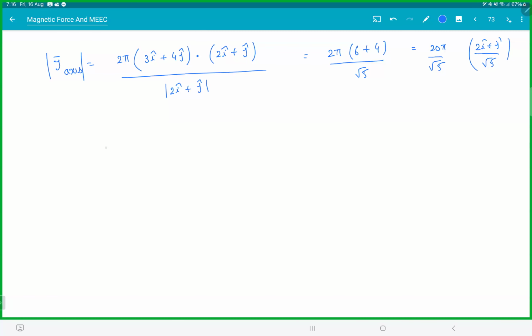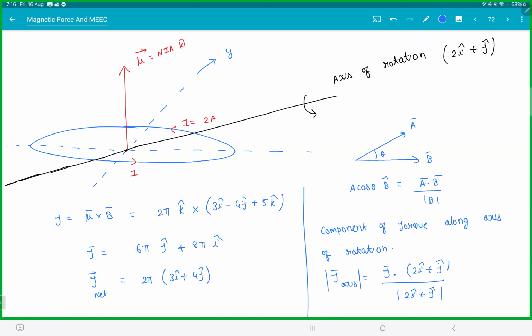Question still not over, huh? So now talk about this axis, it will be I about the axis into alpha. So this would be how much? If you want to take it in the direction, you can do that also. 8 plus... Did I goof up somewhere? I goofed up somewhere. This is 3j.